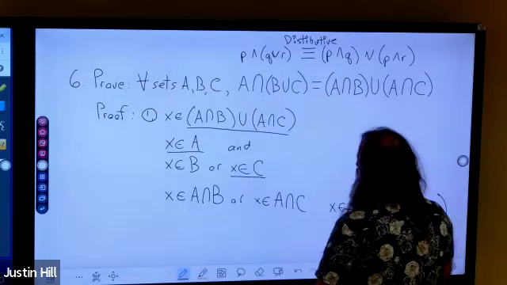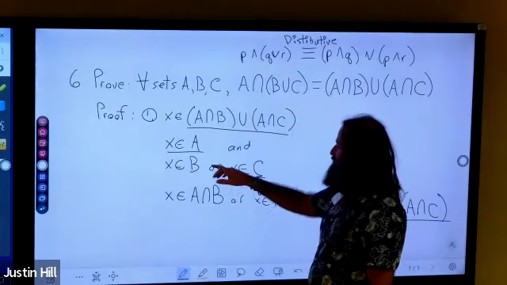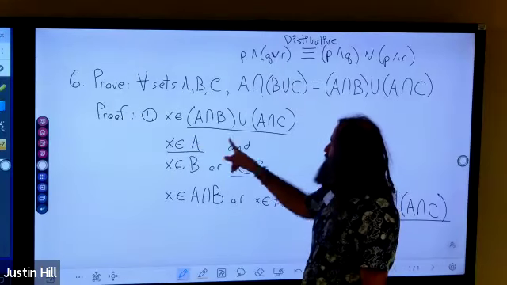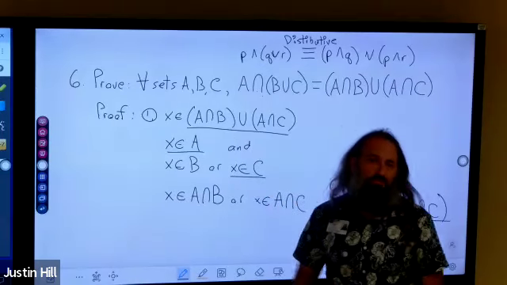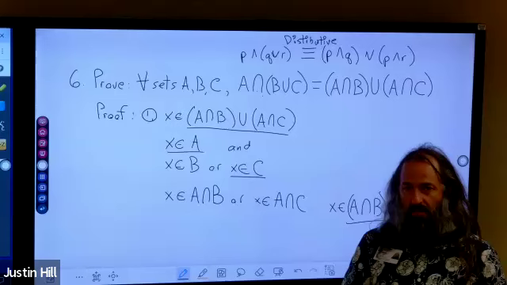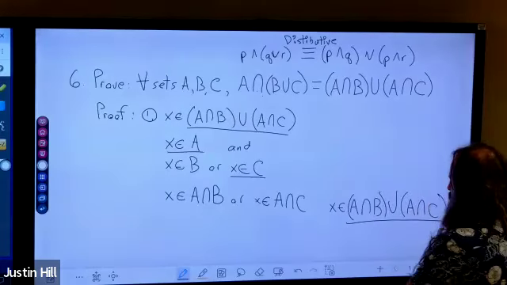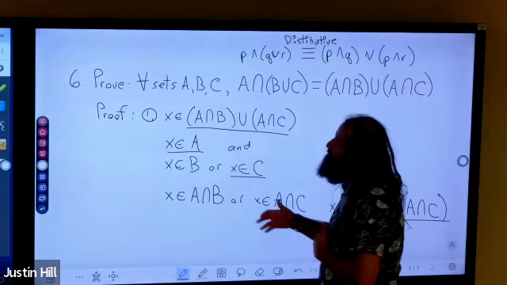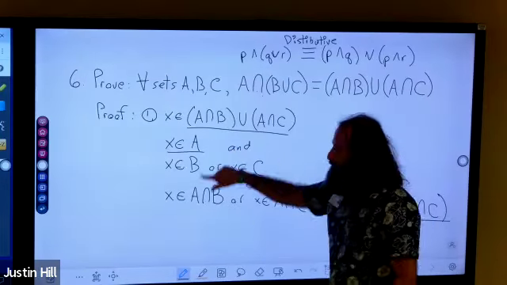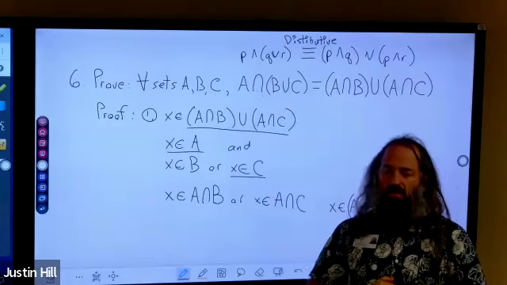So she gets all of this and then basically says, well, I can rearrange that as X is in A and X is in B, or X is in A and X is in C. And she can do that because we already did that with logical statements. So we get down to this place where it's all logical statements, it's all ands and ors.